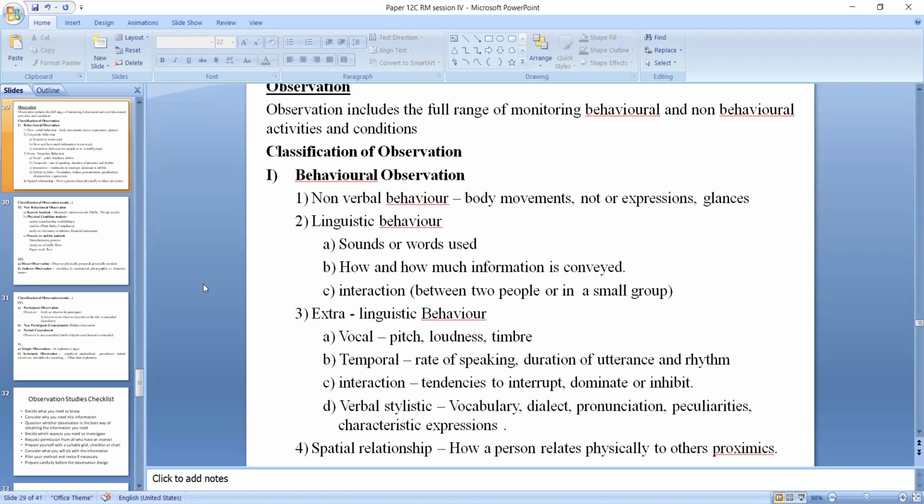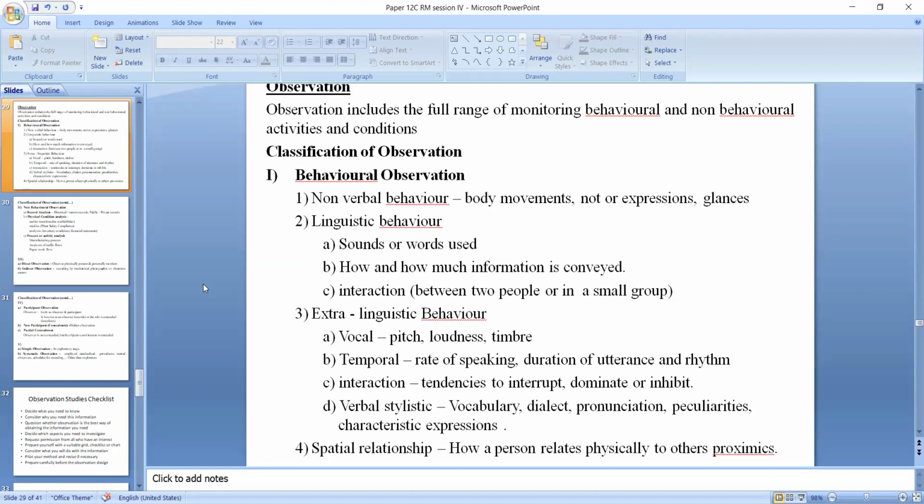And as you can understand, the observer must be an expert, if it is non-verbal, in understanding the language of communication beyond words: postures, gestures, glances, silence, body movements, n number of things.